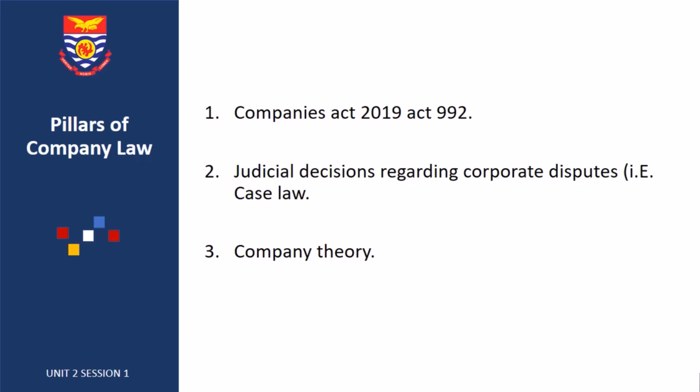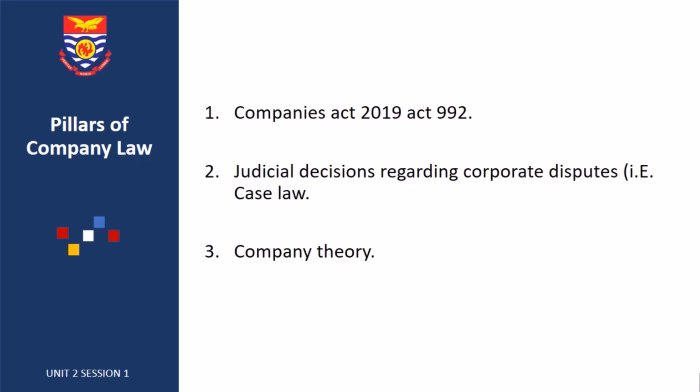So when there's a dispute in a company as to how certain things should be done, you will fall on the Companies Act 992 to resolve that issue in question. So you should note that the primary source of company law is the Companies Act itself.